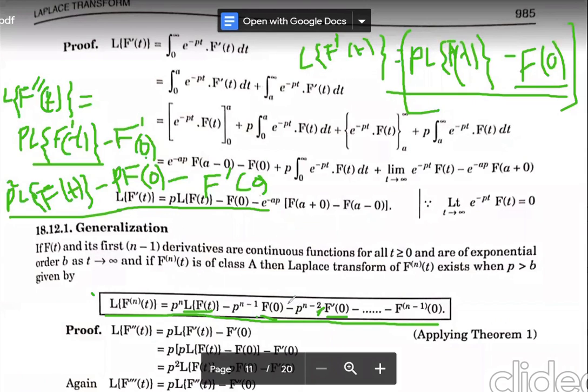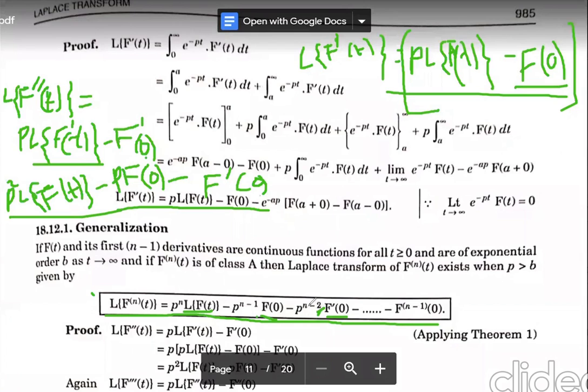So at that point, the derivative of f should be what? See here, it is n minus 2, then it is what? 1. So you are getting 1 less. Because the power of p started from n and it goes up to here, it is n minus 2, then you are getting the first order derivative.